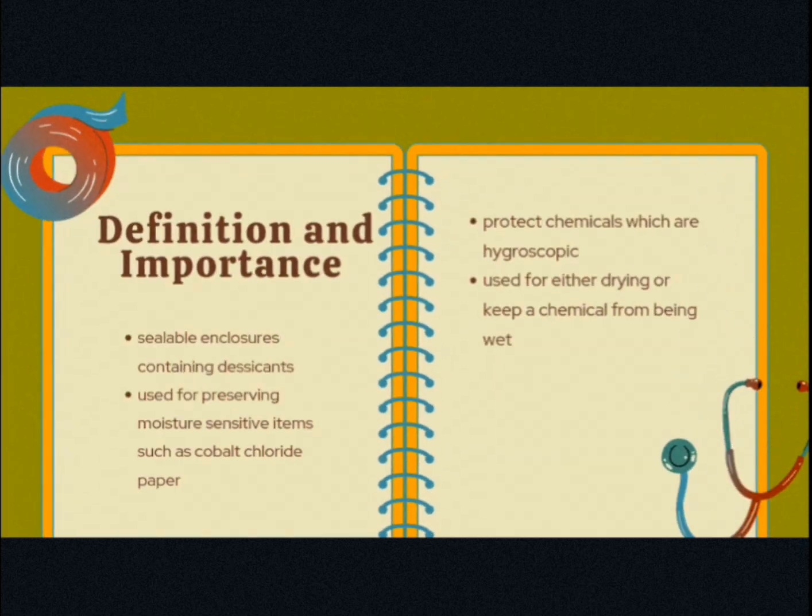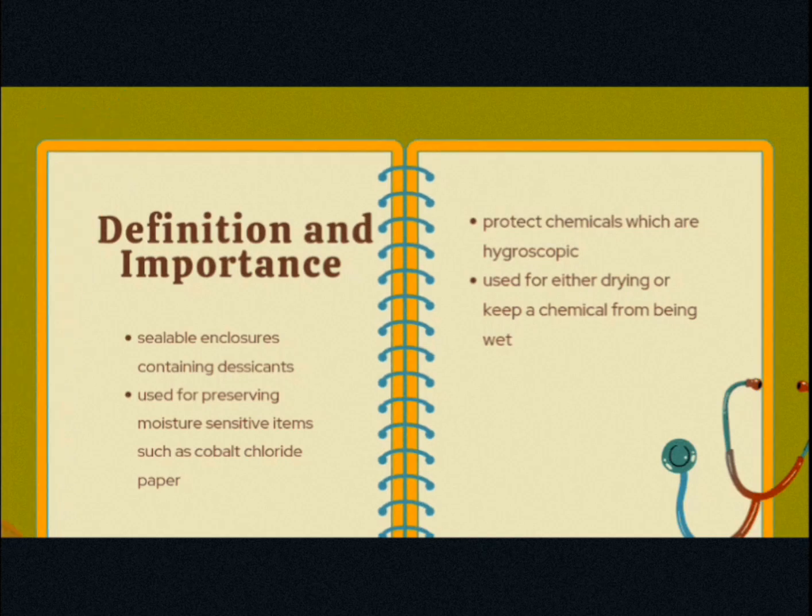It is a sealable enclosure containing desiccants, used for preserving moisture-sensitive items such as cobalt chloride paper. It protects chemicals which are hygroscopic, used for either drying or keeping a chemical from being wet.